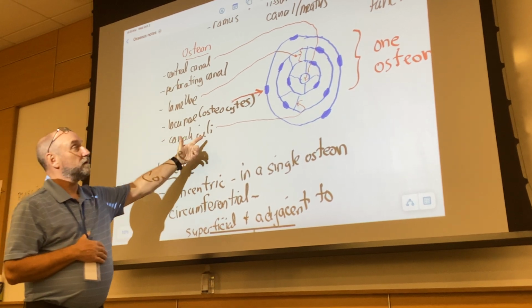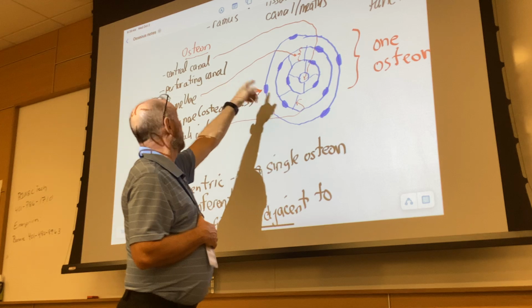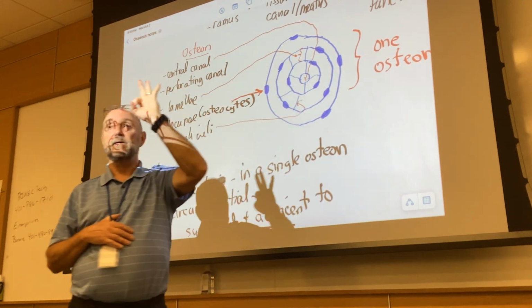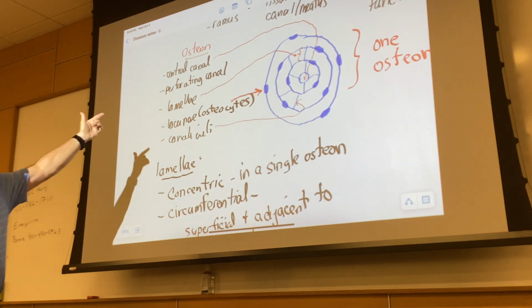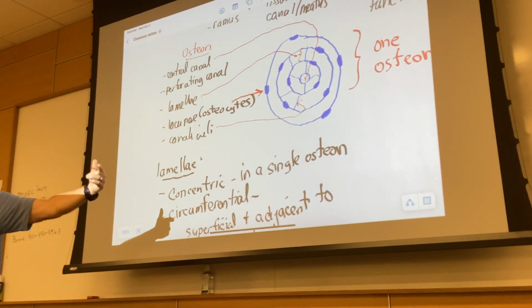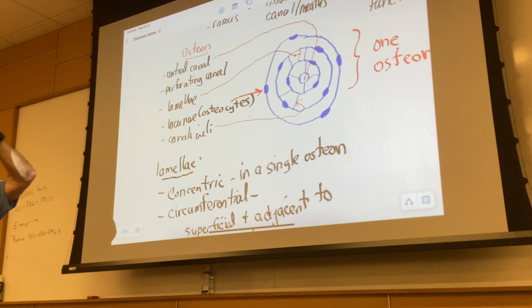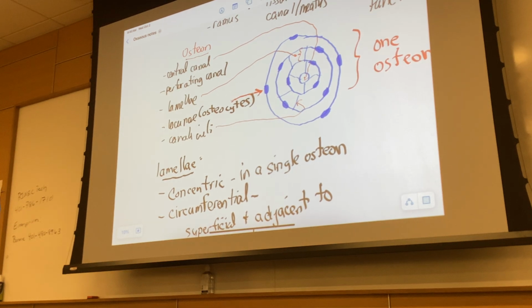The central canal is right in the middle. That's the bullseye of the target. I can't show you the perforating canal, which is perpendicular to this. Osteons tend to run parallel to the length of a long bone, and perforating canals run perpendicular to it.